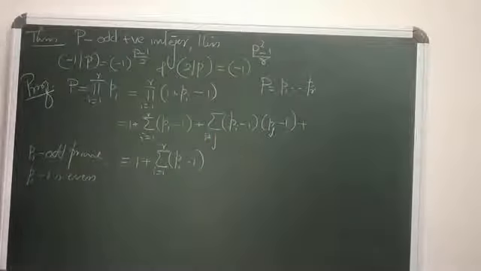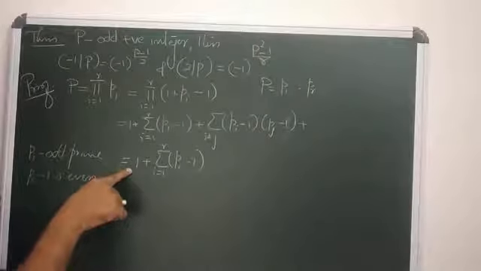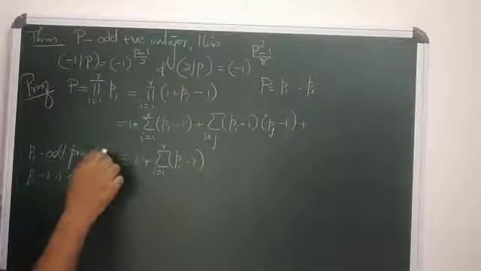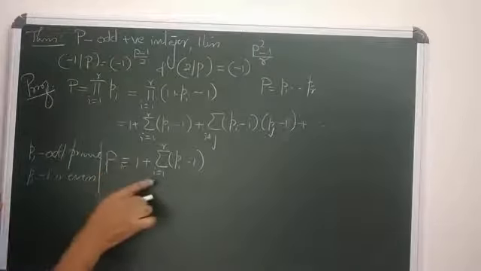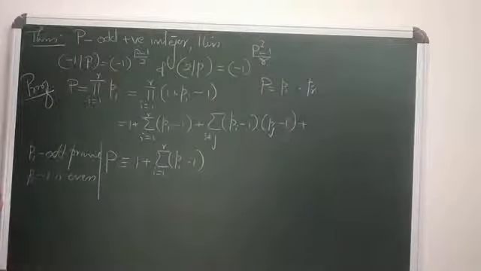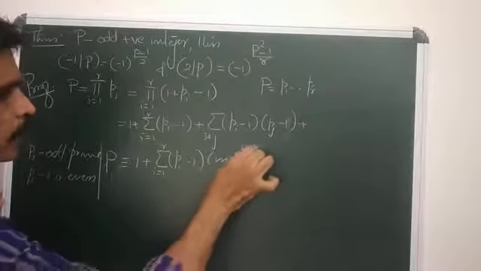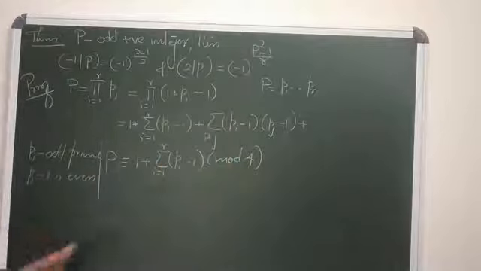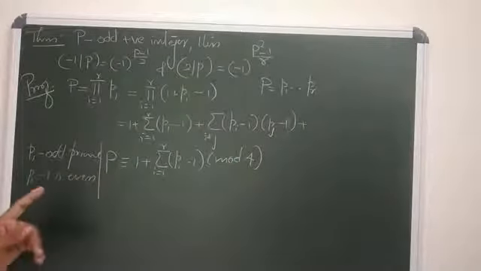Similarly, all the other terms. Agree? So this can be rewritten, starting from p, as p is congruent to 1 plus sigma i ranges from 1 to r of (p_i minus 1) mod 4. Agree? Why? Because all the terms in this series except the first two are multiples of 4 themselves.